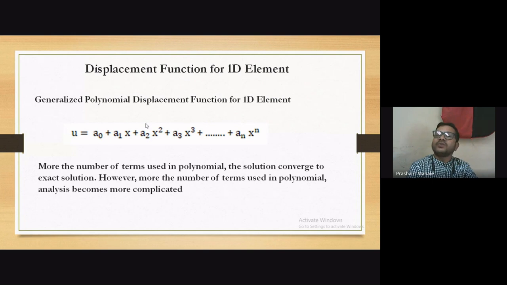But because we are going to use this again, I am just revising it, and it is given in the points in the syllabus also. So the generalized polynomial displacement function for a 1D element is given here like this. Depending on the number of nodes, this order is decided. So up to a1x it is first order, up to a2x square it is second order, up to a3x cube it is third order, and so on.